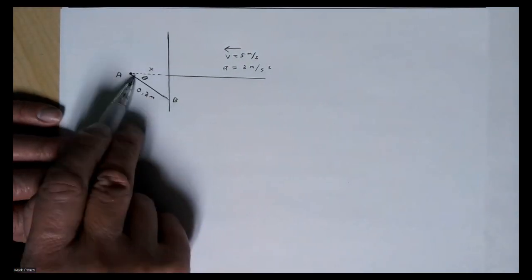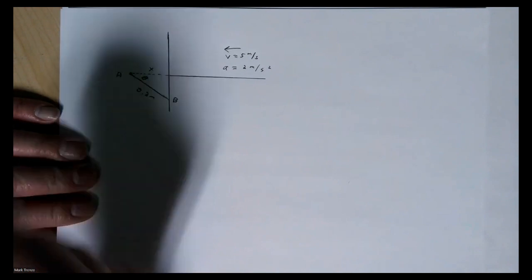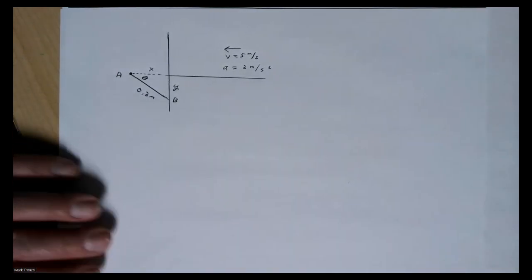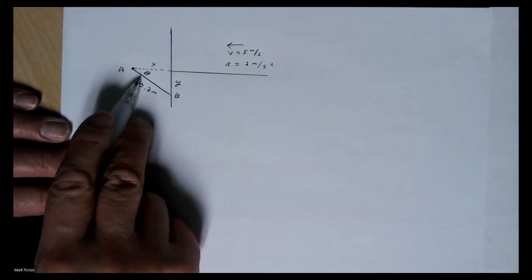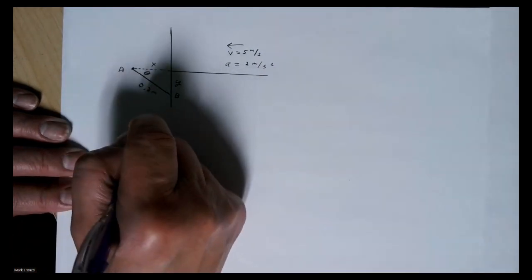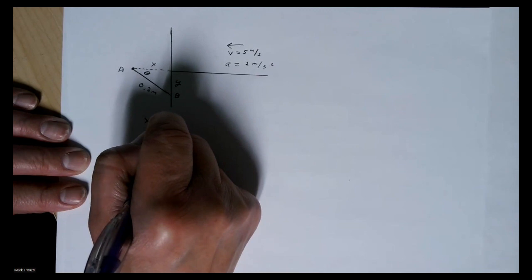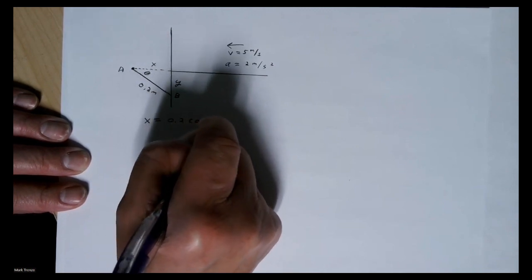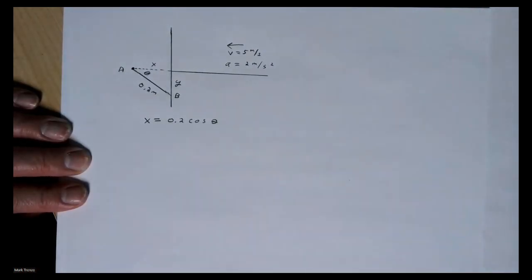So again, let's take a look at this little triangle here. And let's call this x, and let's call this y. You can name these whatever you want. And now let's relate x to this angle. So we could say x is equal to 0.2 cos theta, because x is adjacent to theta.